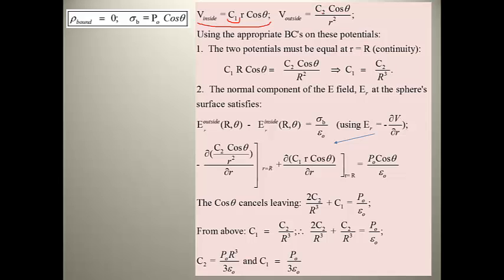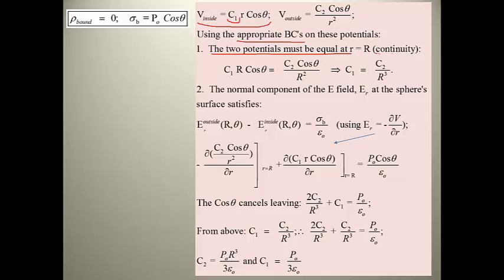And when we had the charge densities, we determined these from the boundary conditions. Well, similarly, we have to look at the appropriate boundary conditions for this polarized sphere. The first one is that the two potentials must be equal as we go across the boundary.